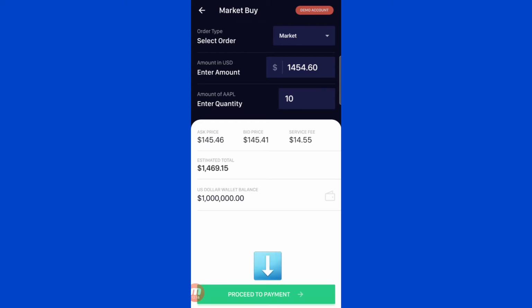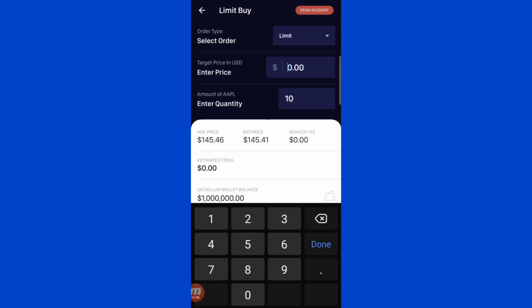But that is for market price. Limit price, however, let's just click on limit here. Right now, limit here is saying that this target price now is no longer the market price, but you then have to enter how much you actually would like to purchase the stock at.